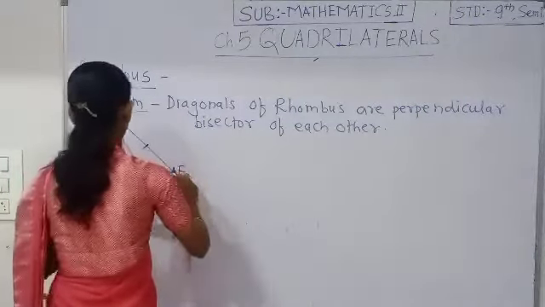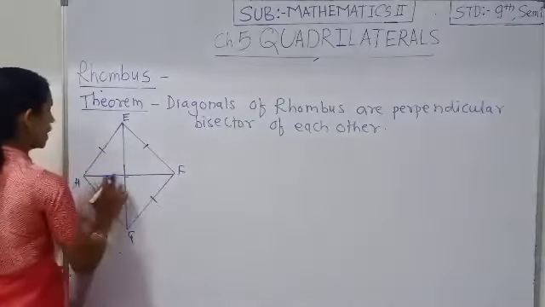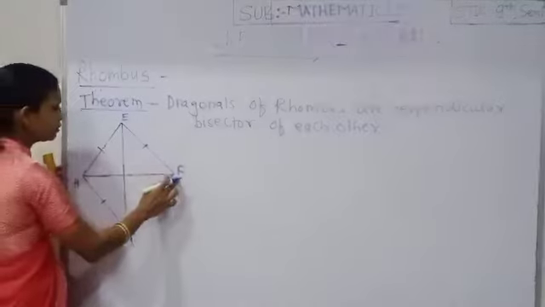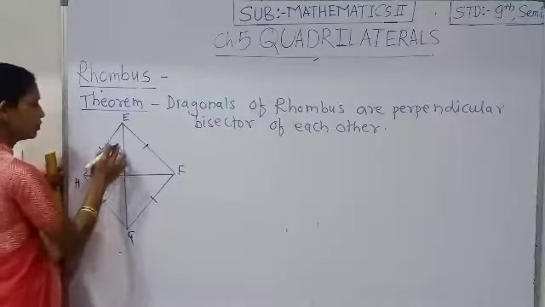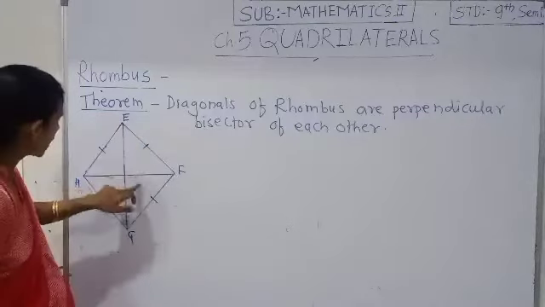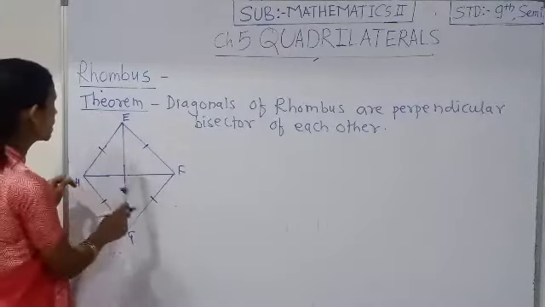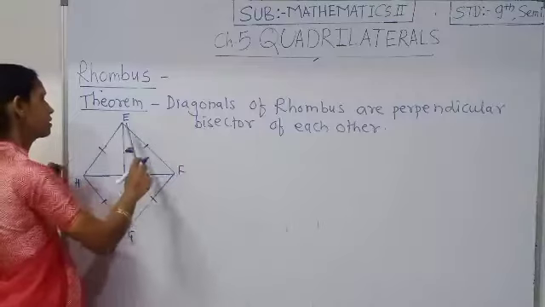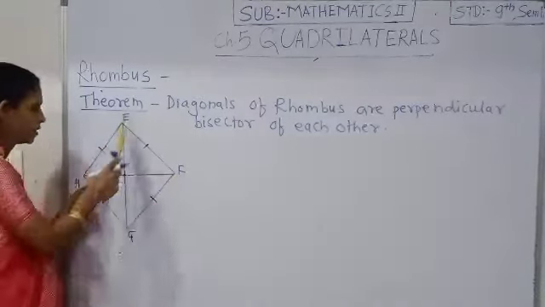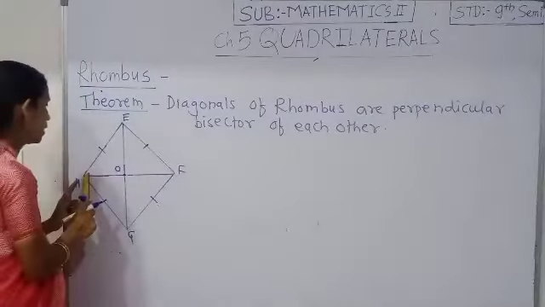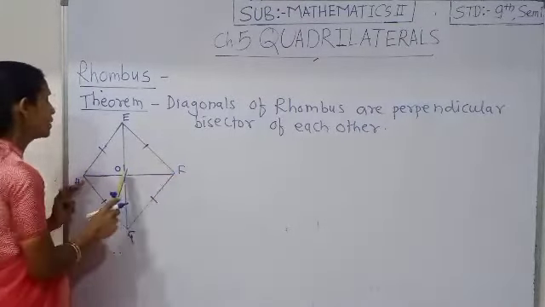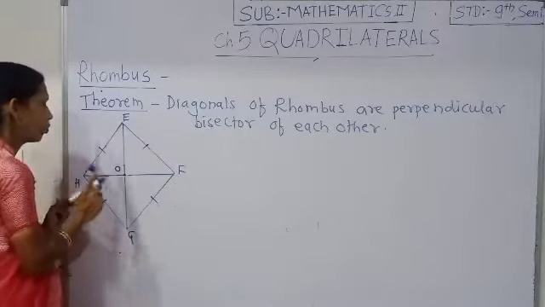EG and HF are the diagonals of the rhombus, but we have to prove that those diagonals bisect each other, as well as diagonal EG is perpendicular to diagonal HF. Diagonal EG and diagonal HF intersect at a point O.